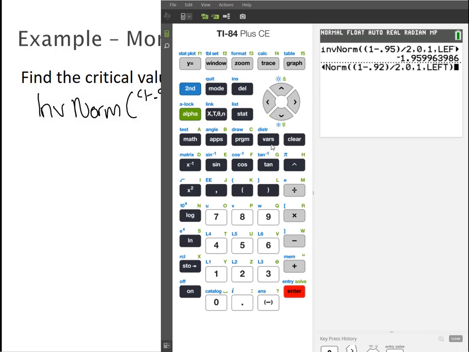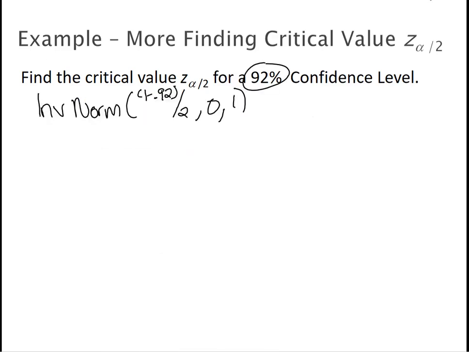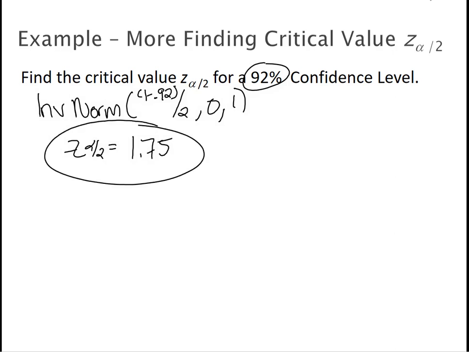I hit paste, enter, and I get negative 1.75, so I'm going to round that to negative 1.75. And again, to find that z alpha over 2, I'm going to change that negative to a positive. And you're good to go.